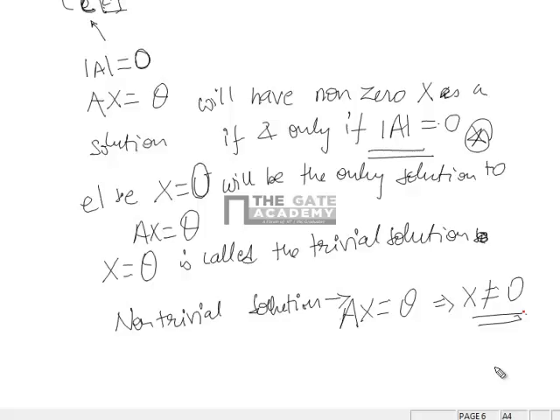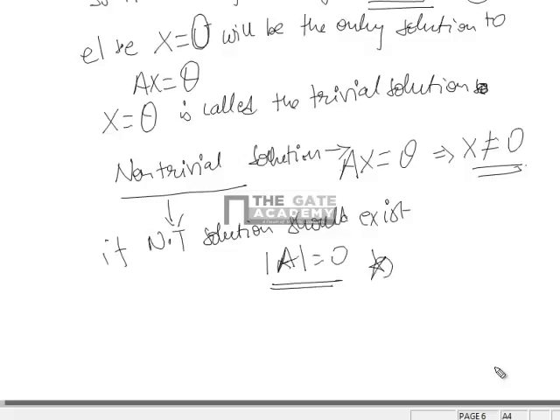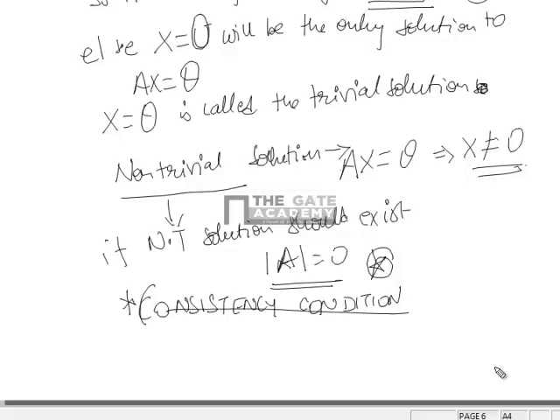That means if a non-trivial solution should exist, then what should happen? Determinant A should be equal to 0. This is called the consistency condition. Please remember this. This is very, very important. This is called the consistency condition.